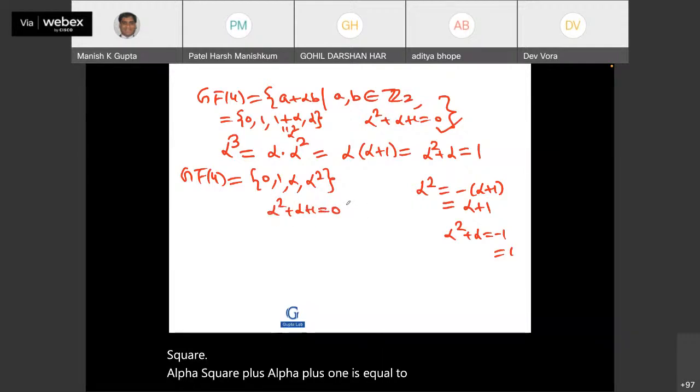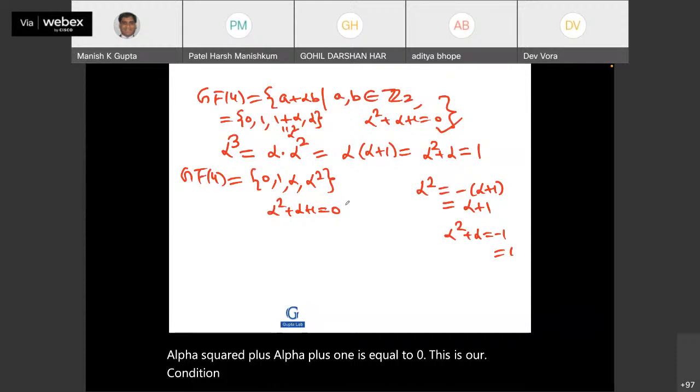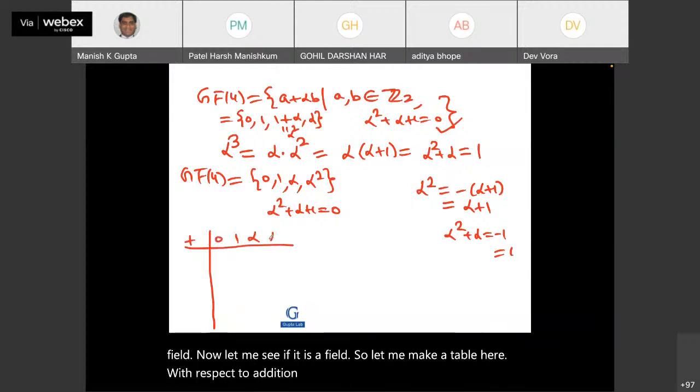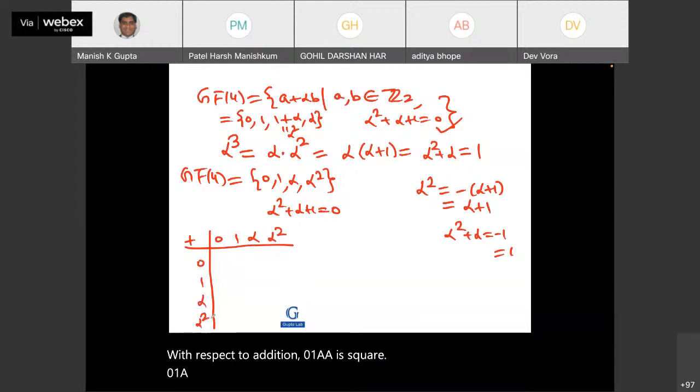This is our condition, right? So this is a field. Now let me check if it is a field. Let me make a table with respect to addition: 0, 1, alpha, alpha square.